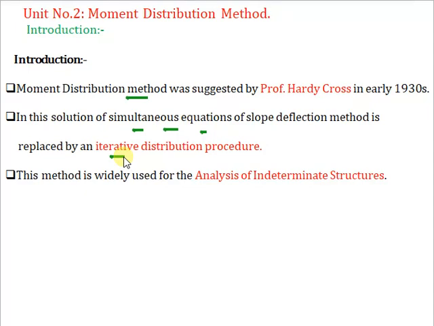In the moment distribution method, every joint of the structure to be analyzed is fixed so as to develop the fixed moment. Then each fixed joint is sequentially released and the fixed end moments are distributed to adjacent members until equilibrium is achieved.